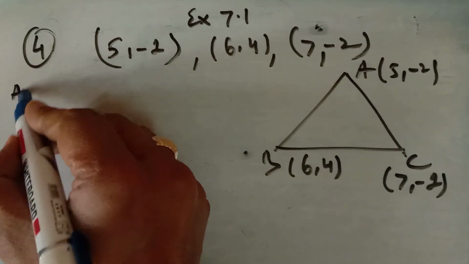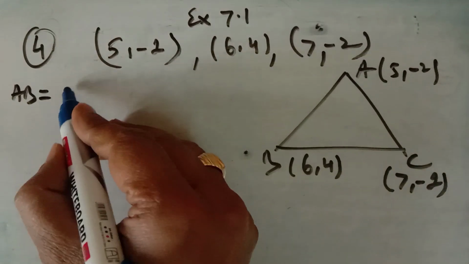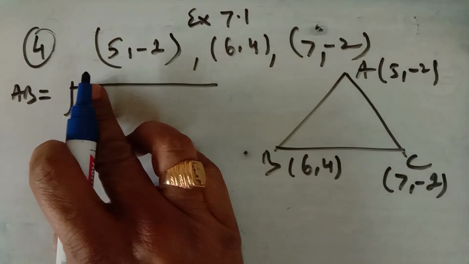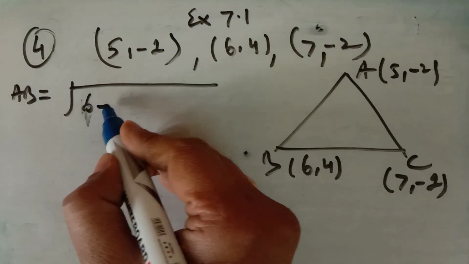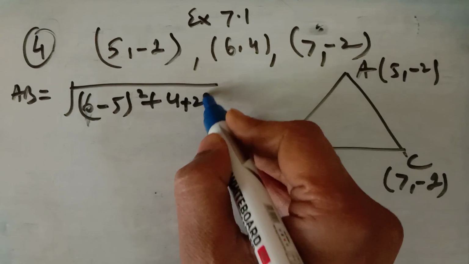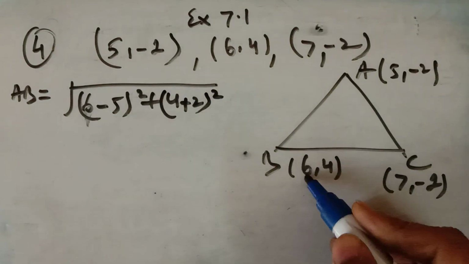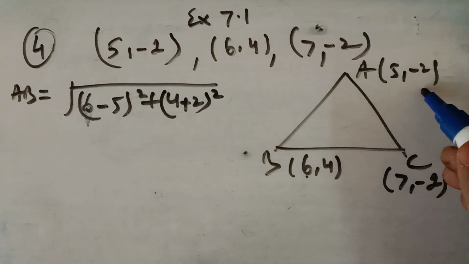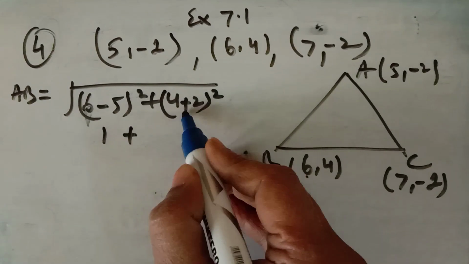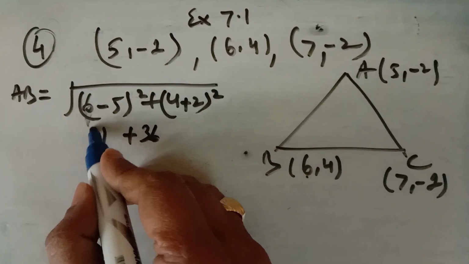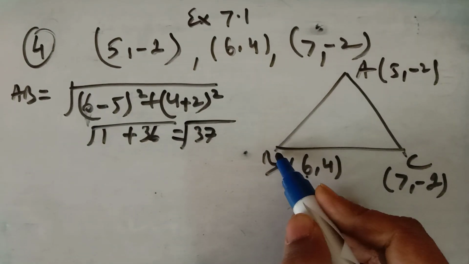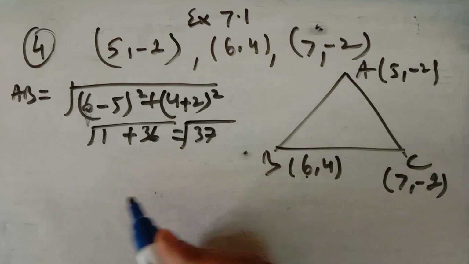So I will find the distance between A and B by using the distance formula. It will be the square root of (x2 minus x1) whole square plus (y2 minus y1) whole square, that is (6 minus 5) whole square plus (4 minus (-2)) whole square. This is coming out to be 1 and 6 square, that is 36, so root 37 is the distance between these 2 points, or we can say the length of side AB.